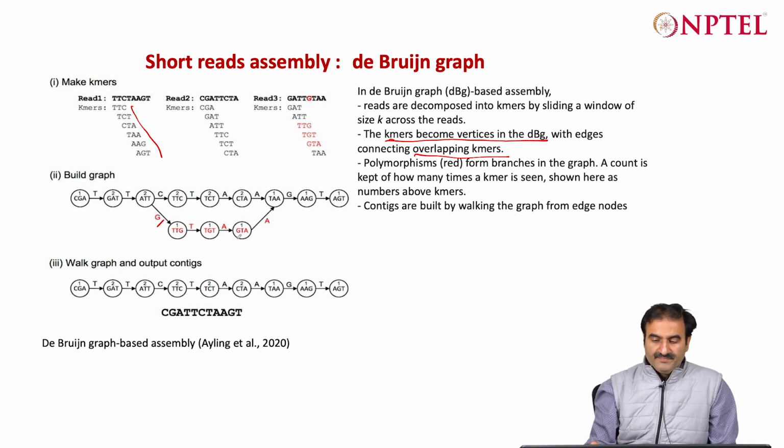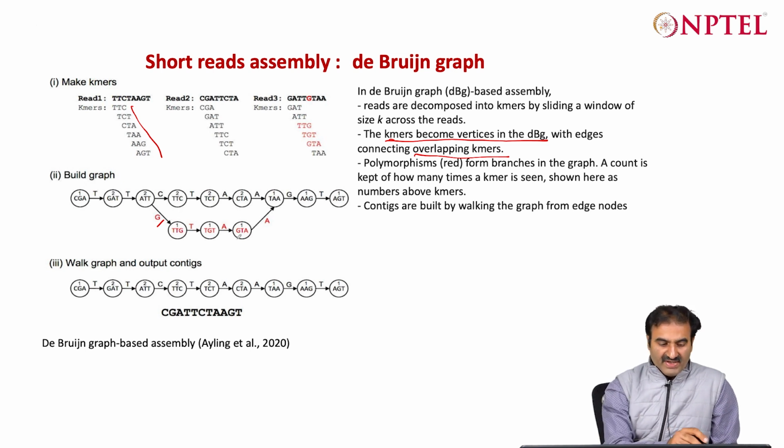Then you walk the graph and connect the kmers which are overlapping.